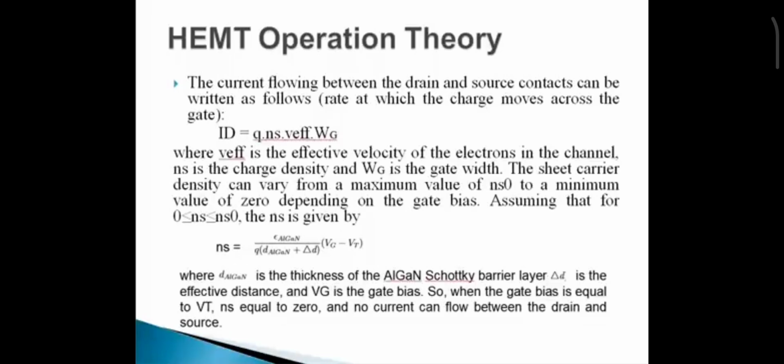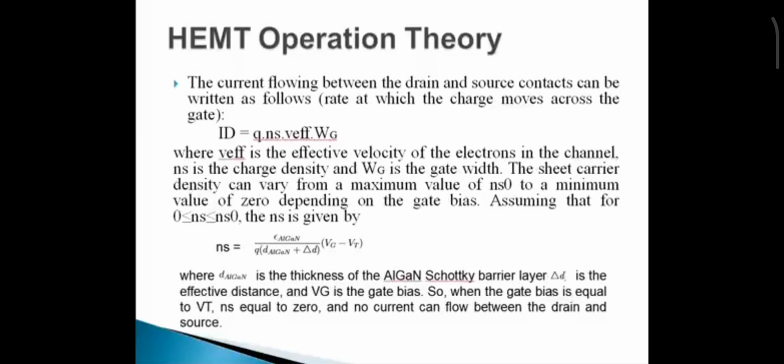The current flowing between the drain and the source contact can be written as the rate at which the charge moves across the gate from drain to source. ID is equal to q NS v effective WG, where v effective is the effective velocity of the electron in the channel, NS is the charge density, and WG is the gate width.